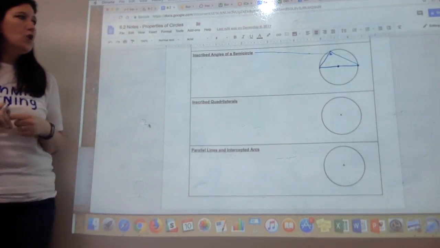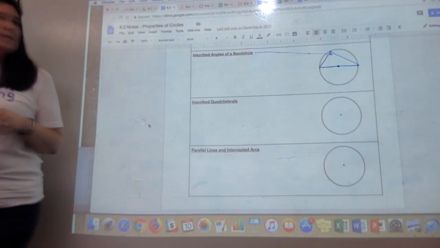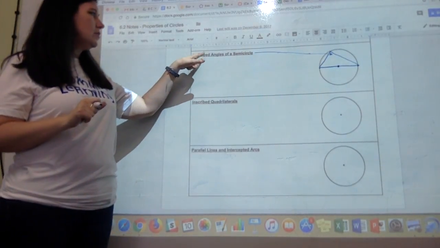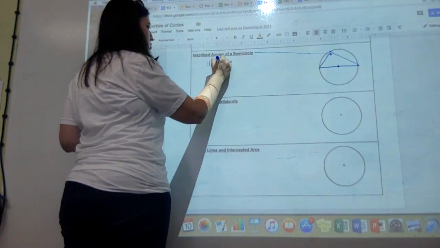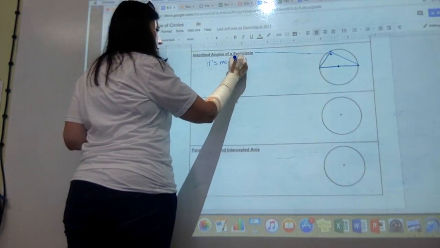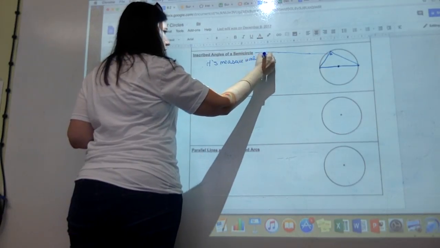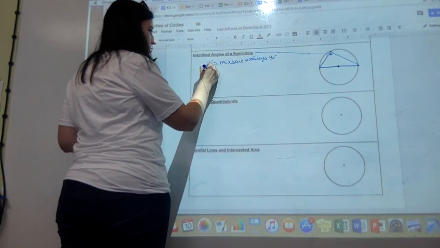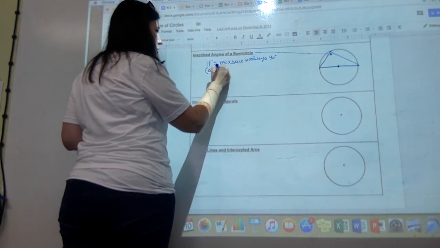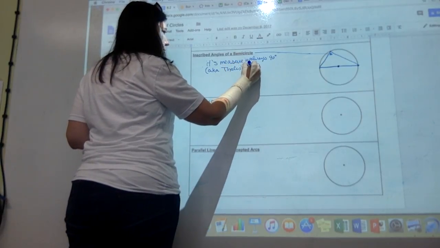And what do I now know about the inscribed angle? That it is 90 degrees. Anytime you have an inscribed angle of a semicircle, its measure is always 90 degrees. Also known as Thales' theorem.